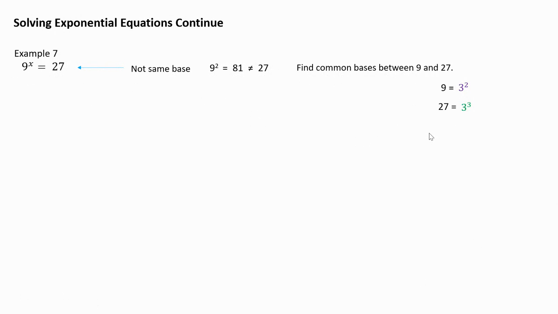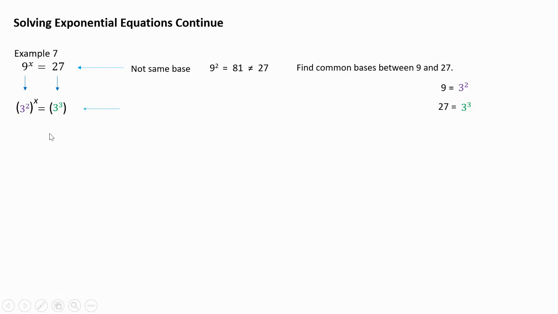I mentioned that about 2 slides ago. That's why it's crucial. So I'm going to substitute 3 squared for the 9 and bring down the x as the exponent. And the same thing, I'm going to substitute 3 cubed for the 27.